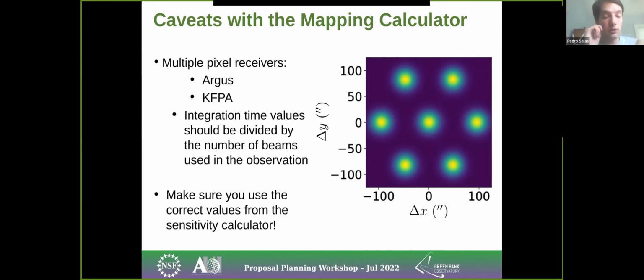But when you're mapping, you can basically use the same off position for multiple on positions. So for the mapping calculator, it's better to use the on source integration time from the sensitivity calculator, and then in your overheads, include an additional time for the off calibration, instead of considering that for each sample you're going to be needing the total time. Then that really makes the total required time longer than what is actually required.